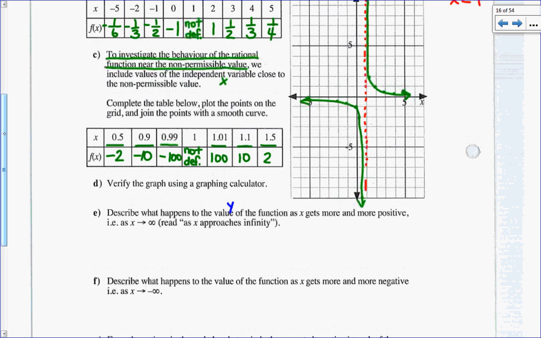As our x values get more and more positive, the value of the function gets closer and closer and closer to 0.